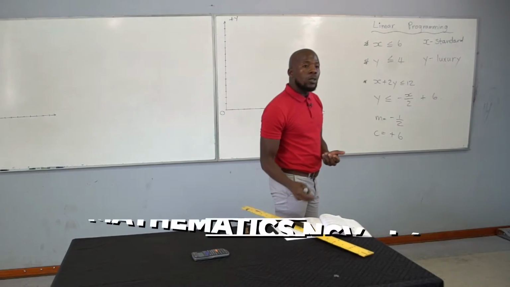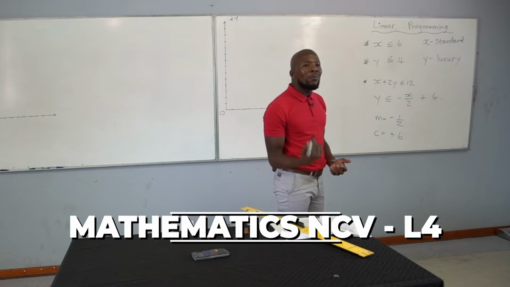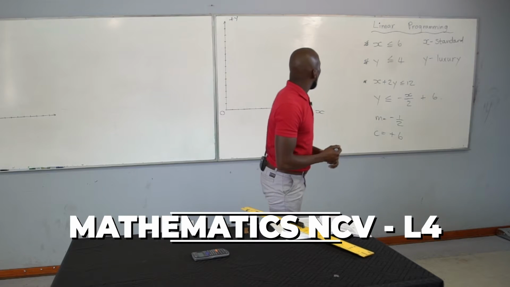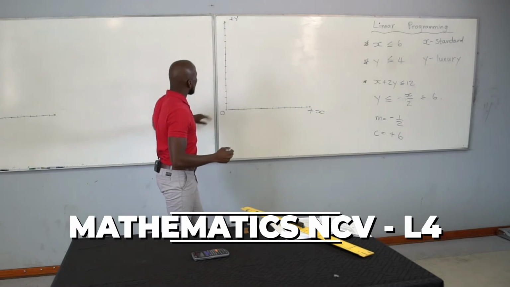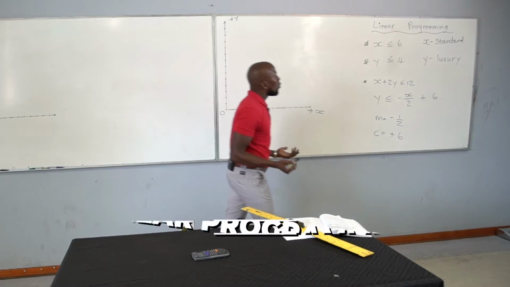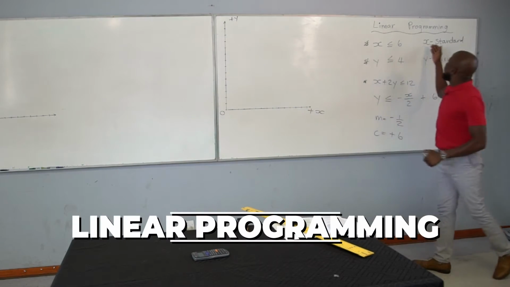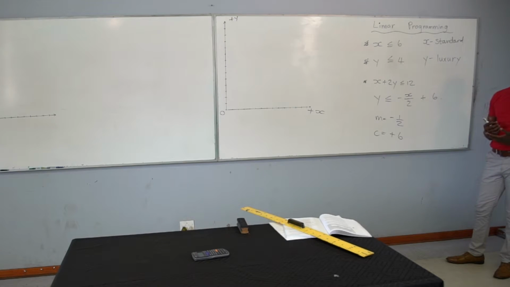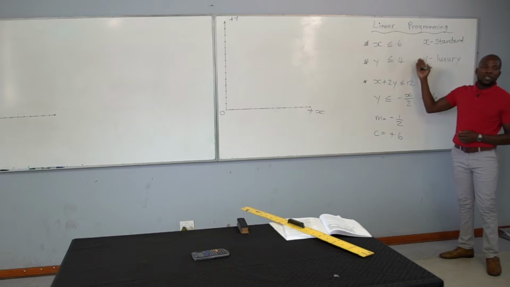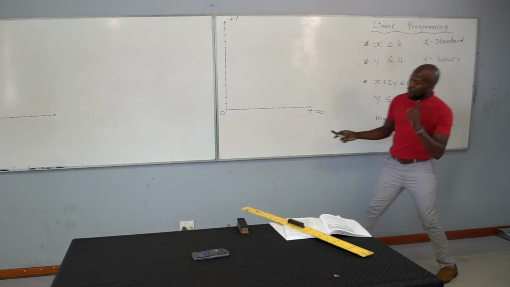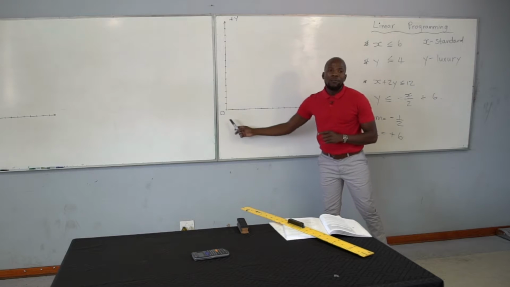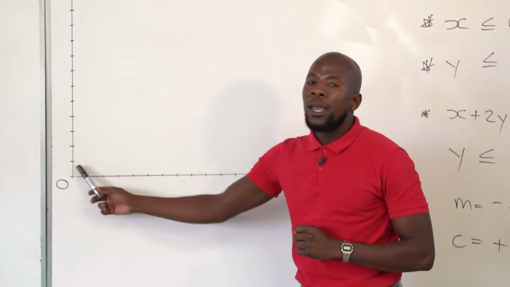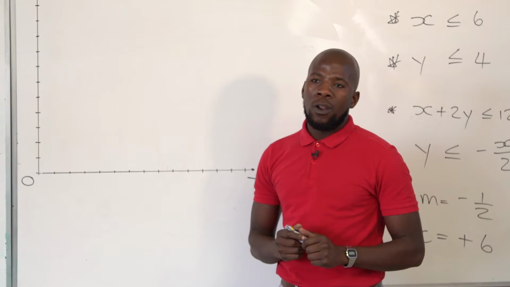Because what you'll notice in the text as well is that we have implicit constraints. We will not be dealing with negative x or negative y because you cannot have negative 6 washing machines or negative 4 washing machines. You can only have positive values. These are the implicit constraints, and that's why I've sketched my graph as follows.